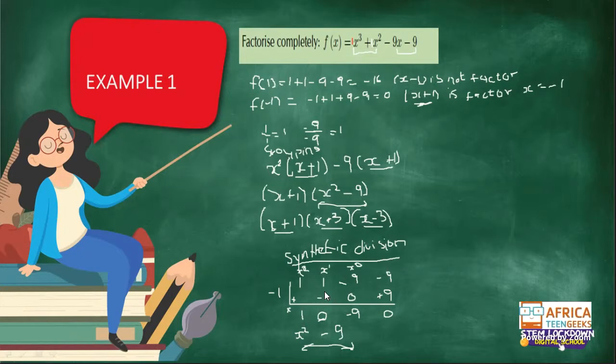And then after that, you say 1 minus 1, which is 0. And then you say negative 1 times 0, you get 0. And then you continue. Then you say negative 9 plus 0, which is negative 9.